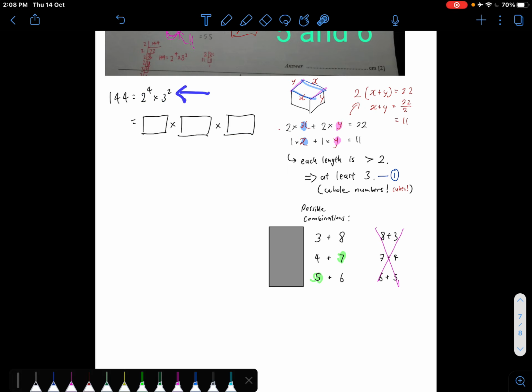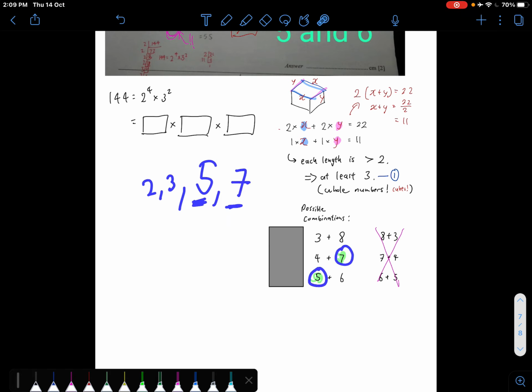That cannot divide into the 144. It doesn't divide the 144 nicely. So what does that mean? It means that prime numbers other than 2 and 3 cannot be the lengths of the top of the cuboid. You get what I'm saying? Okay, I hope you can understand. So after 2 and 3, it must be a 5, must be a 7, the prime number, right? So let's take a look.